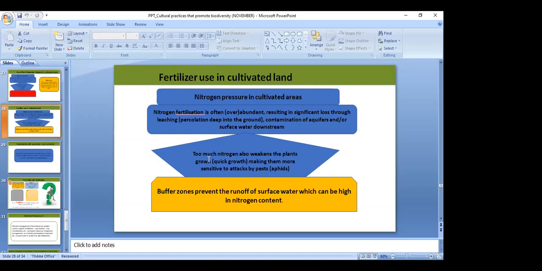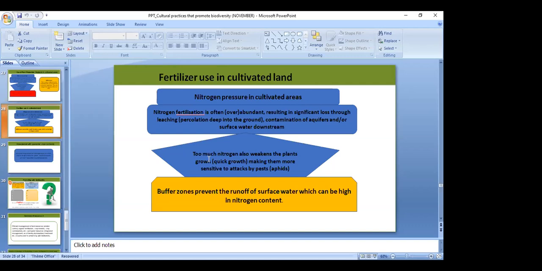We have nitrogen fertilization that is often overabundant, resulting in significant loss through leaching, percolation deep into the ground, contamination of aquifers and or surface water downstream. And that was what I explained the other time. So too much nitrogen also weakens the plant growth. We are talking about root growth now, making them more sensitive to attacks by pests like aphids.